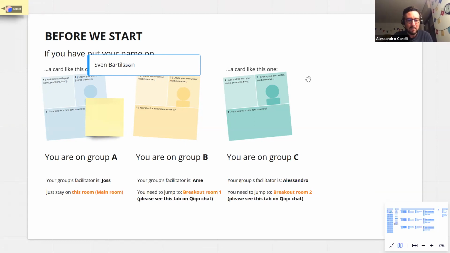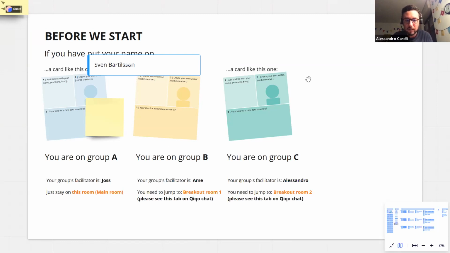Basically, if you have created your name card using the first column, the blue one, you will join group A, which will be facilitated by Joss, and you don't have to change the Zoom room. You will use this channel.